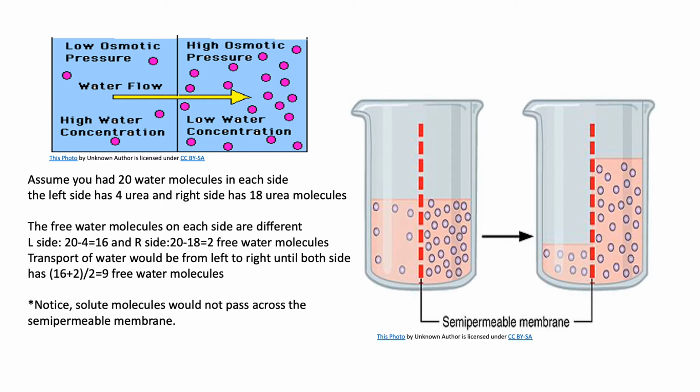A solution with low osmolarity has fewer solid particles per liter of solution, while a solution with high osmolarity has more solid particles per liter of solution. When solutions of different osmolarities are separated by a membrane permeable to water but not the solid, water will move from the side with lower osmolarity to the side with higher osmolarity.